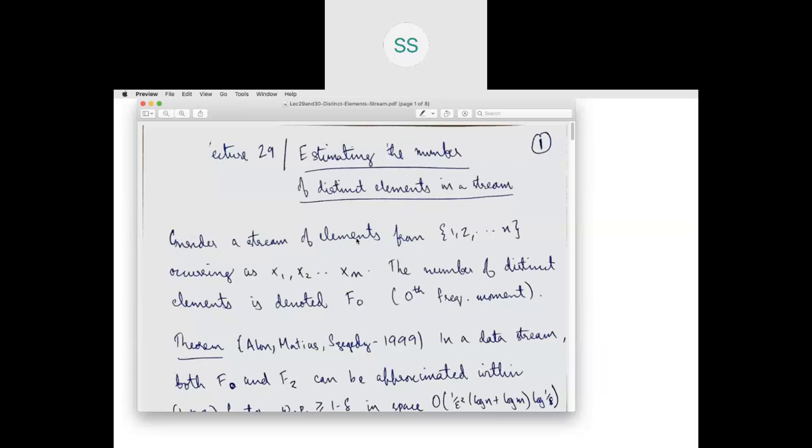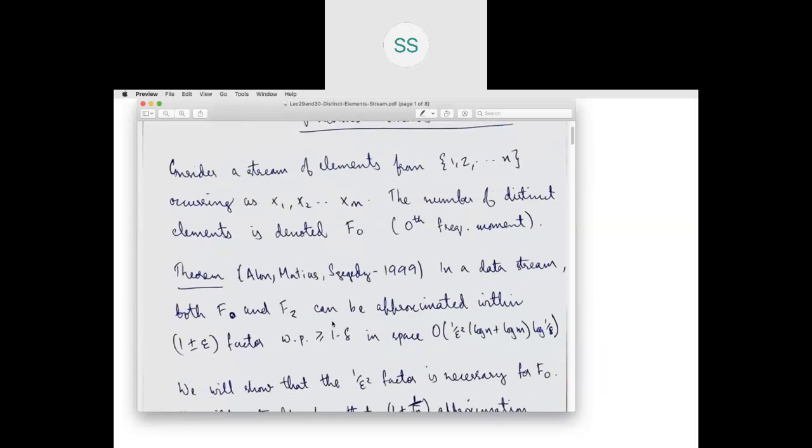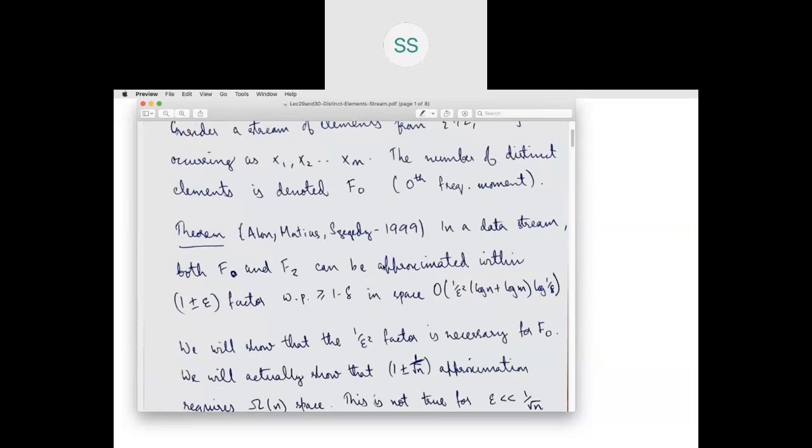Okay, so this theorem, I suppose Karthik stated this theorem in some form. In a data stream, both f0 and f2 can be approximated within a factor of 1 plus or minus epsilon, with probability 1 minus delta.